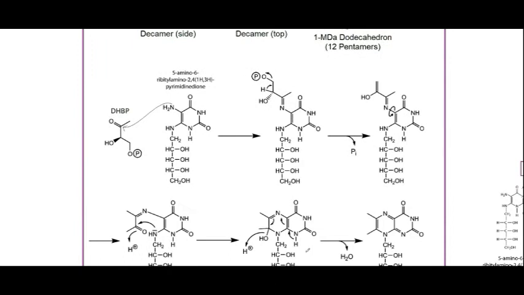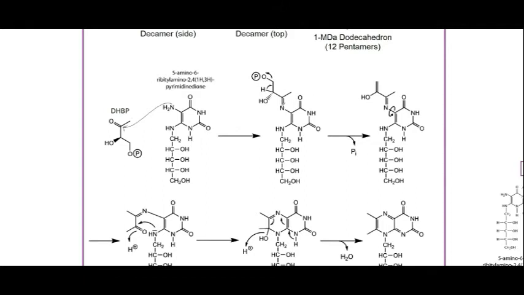So I'll go through the mechanism first before I get to the interesting structural stuff about this enzyme. So this is the product that we got from the GTP, and this is our DHBP. And so this amine group here is going to attack the carbonyl carbon on DHBP.